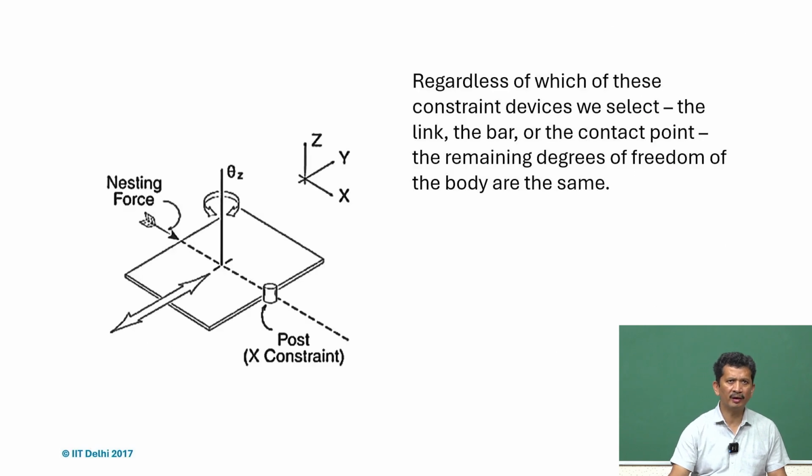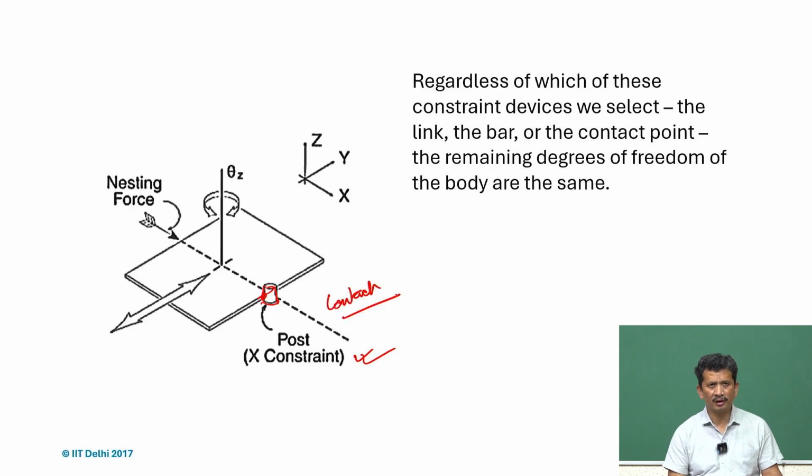Another way to make a mechanical connection between the two objects, I think we discussed earlier also, is we can simply put a post here and there will be contact. The moment one contact is established, it can provide the constraint, and this is the constraint line in this case.